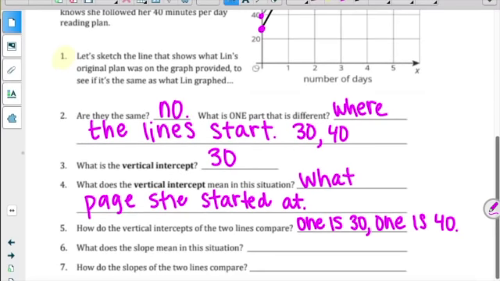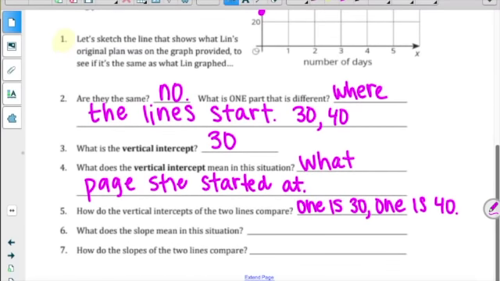So the slope means what? How many pages she read each day. It's how much it changes each day. Pages read each day.